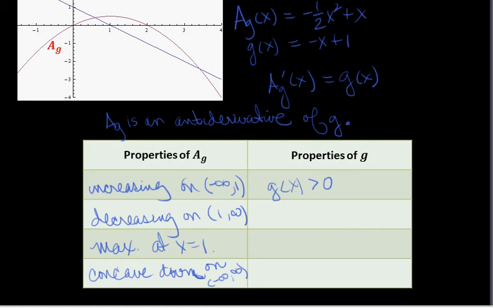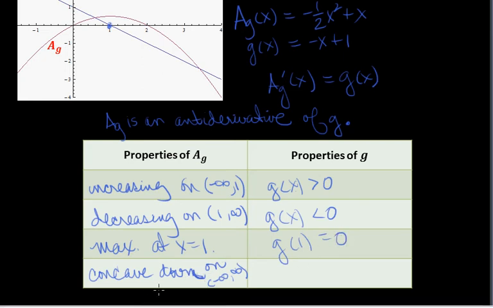And on the interval 1 to infinity, we see that the graph of g lies below the x-axis, so g of x is less than 0. The max at x equals 1, a stationary point, we know that derivatives are 0, and sure enough, g of 1 is equal to 0.